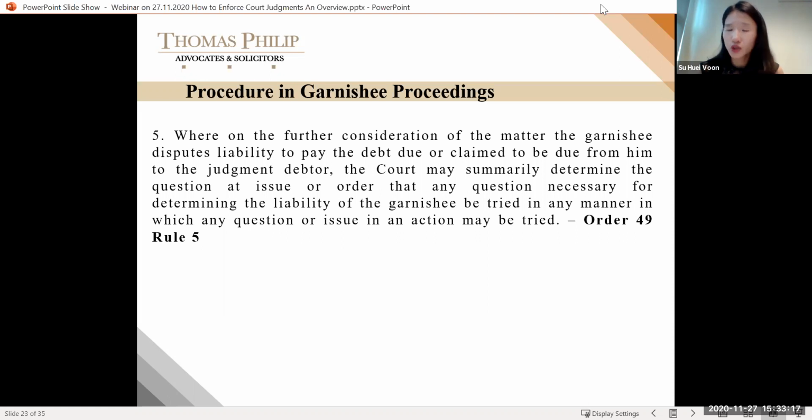So in short, if the Garnishee is raising any grounds, the court can decide it from the outset, maybe just based on oral arguments that are submitted, or the court may order for it to be tried in the normal process.